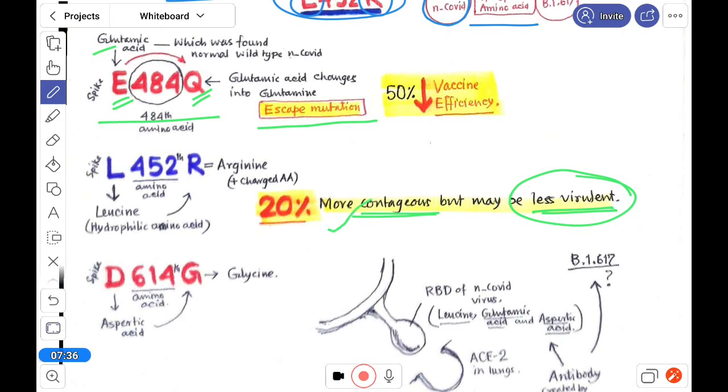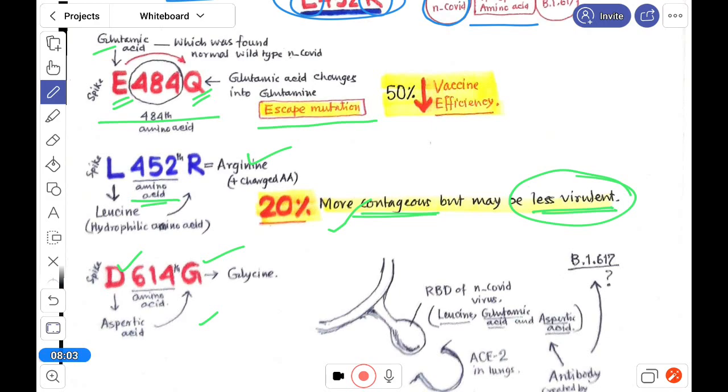Leucine converts into arginine at the 452nd amino acid. The third one, about which we don't know much, is aspartic acid changing into glycine at the 614th amino acid.